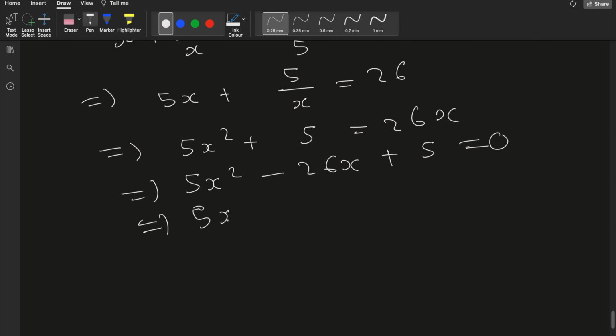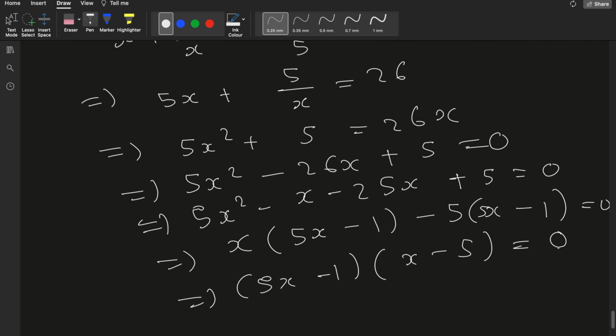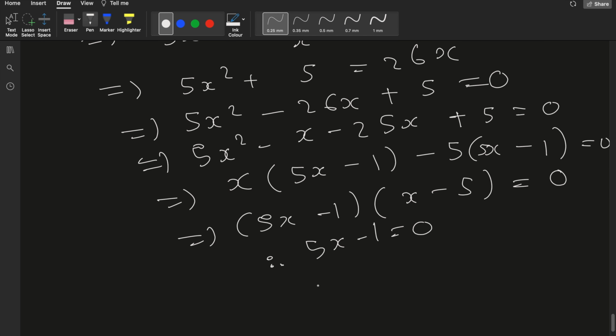So it would be 5x squared minus x minus 25x plus 5 equals 0, plus x into 5x minus 1 minus 5 into x minus 1 implies 5x minus 1 into x minus 5 equals 0. Therefore, 5x minus 1 equals 0 implies x equals 1 by 5, and or x equals 5.